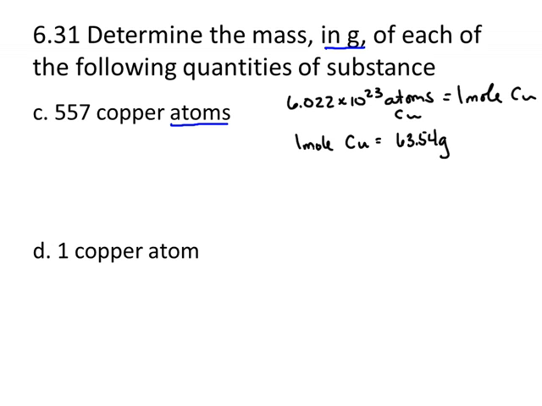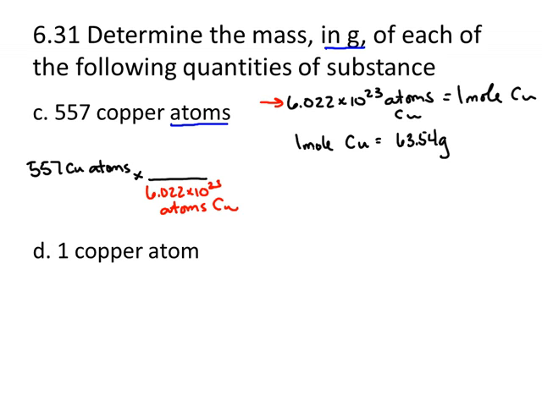So this time I'm starting with atoms, 557 Cu atoms. So I need to get rid of atoms first. And I can see right here that I had a relationship. 6.022 times 10 to the 23rd atoms copper goes on the bottom.